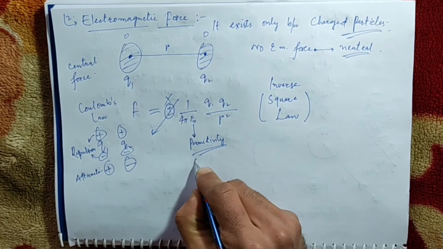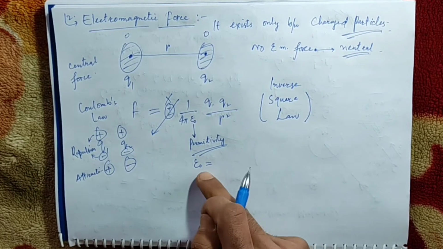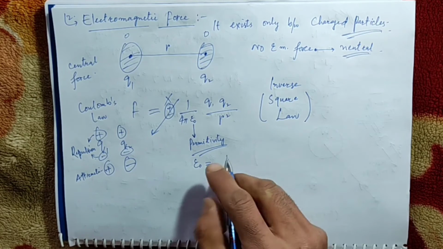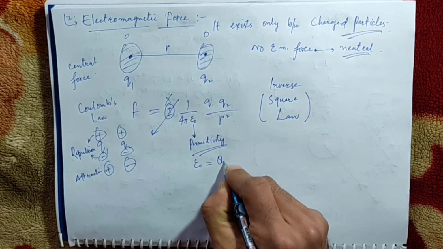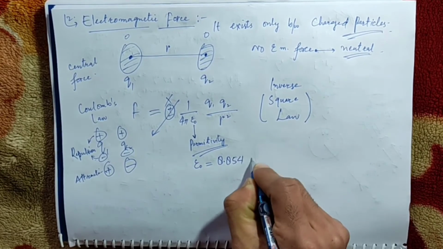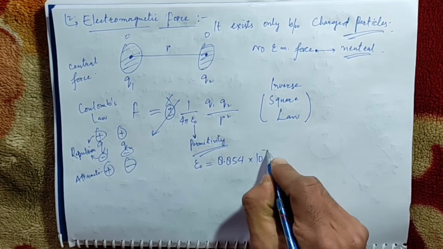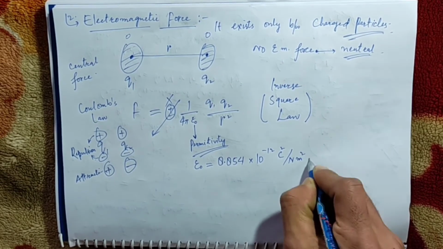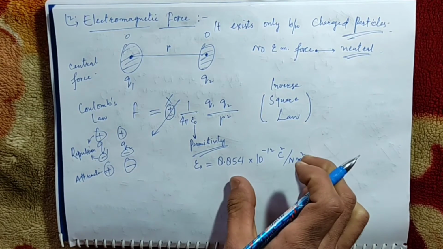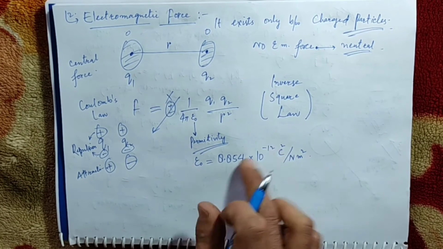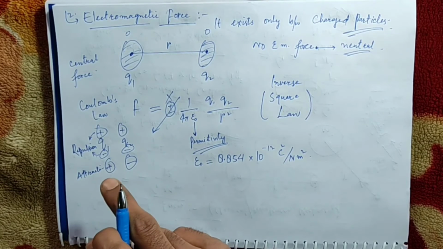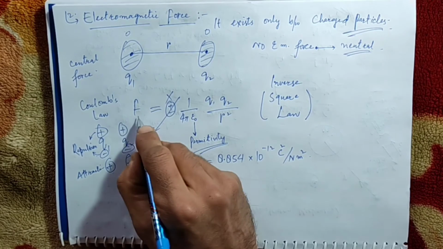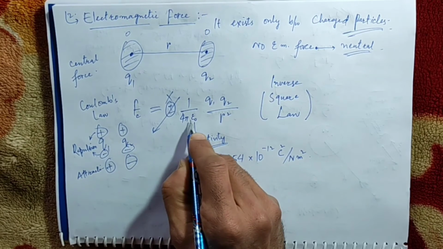The value of this permittivity, also called the electric constant, is equal to 8.854 into 10 to the power minus 12 Coulomb square per Newton meter square. In a similar fashion, as I calculated previously from the gravitational force, you can calculate the units of epsilon from the Coulomb force.